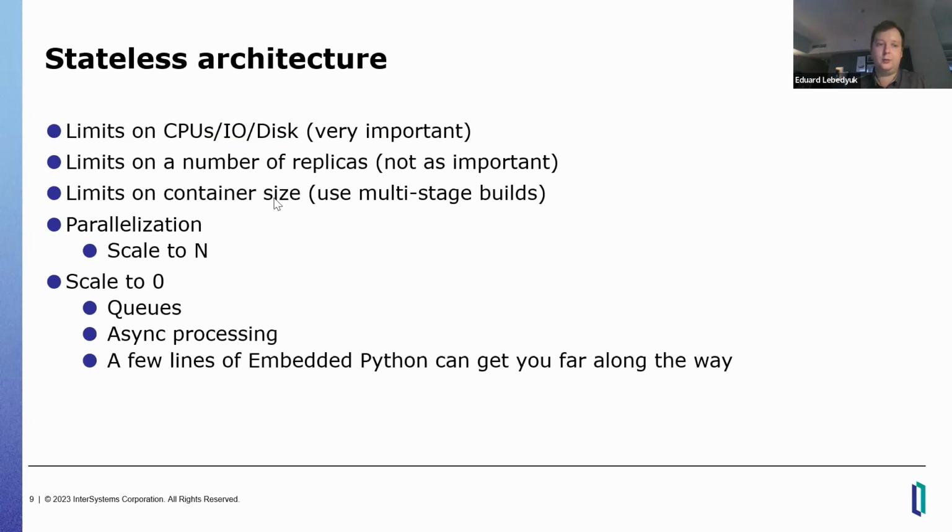And of course, minimizing your startup time might be very important in this case. So that is a completely different strategy from scaling to N. You might use only one, or ideally you might use both. So you want to scale to 0, and you also want to scale from 1 to any number of replicas.